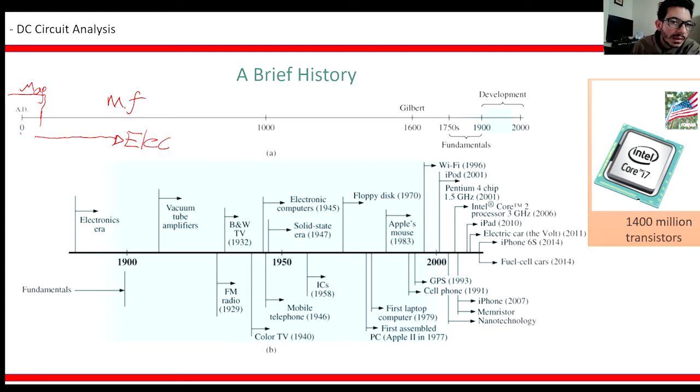Electra means amber, and it's because back then they were rubbing pieces of glass with amber, and they were able to create static charges on a glass rod.